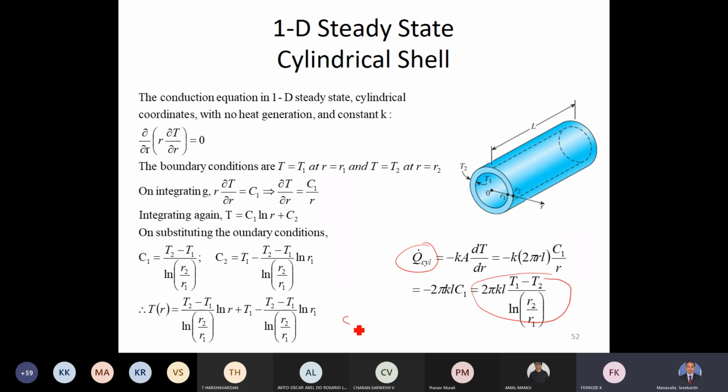Now if we can write this heat transfer in the form we are now familiar with, T1 minus T2 divided by 1 by 2 pi KL logarithm of R2 by R1. Okay, so this is the basic equation of the form. I am writing it like heat transfer is equal to total temperature difference or overall temperature difference divided by the resistance. The resistance here is 1 by 2 pi KL log of R2 by R1.